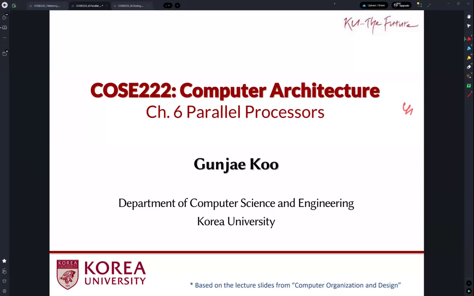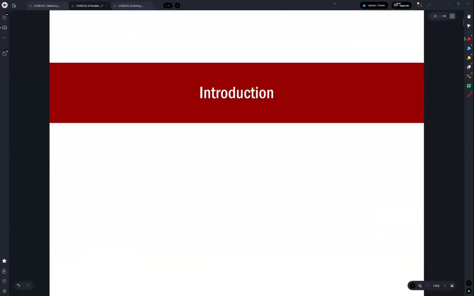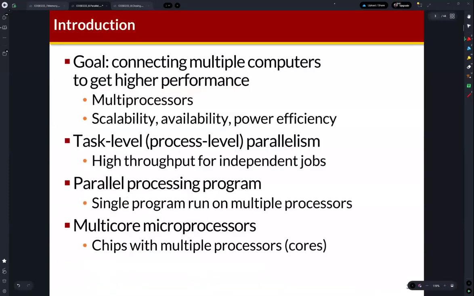Okay. Let's learn about today's topic. Today's topic is parallel processors. So, what is a parallel processor? What is the meaning of parallel?